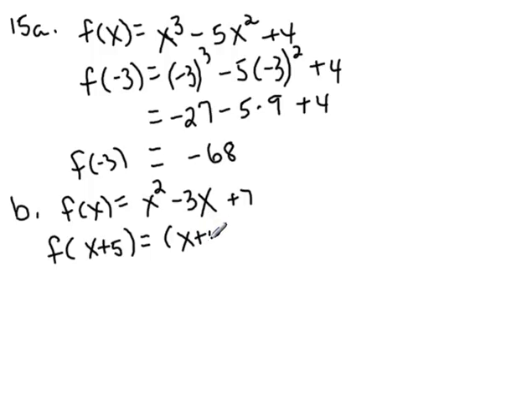I have x plus 5 squared minus 3 times x plus 5 plus 7. X plus 5 squared, if you remember how to square the sum, you can simply do that. If you don't remember how to square the sum, you can place them side by side and FOIL, because you have 2 of that factor, x plus 5. I'm going to square the sum.